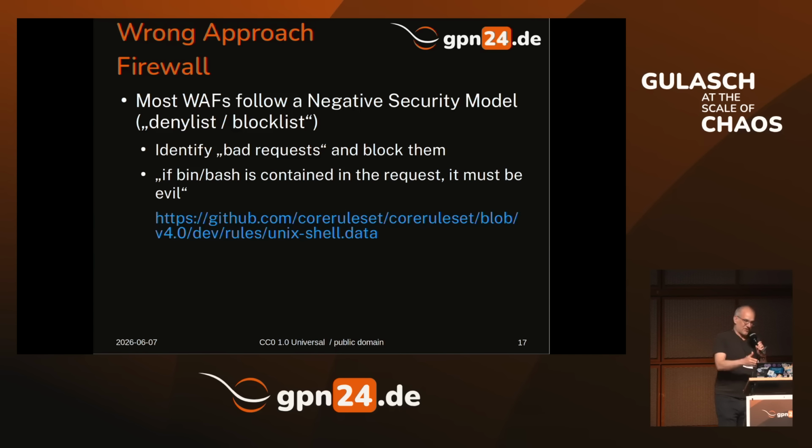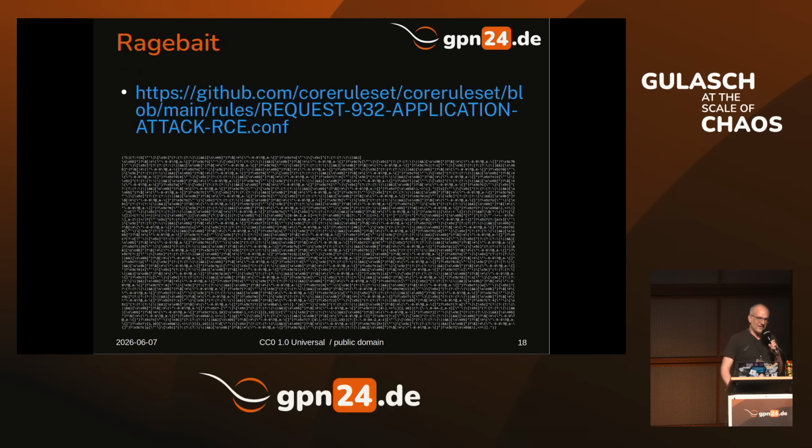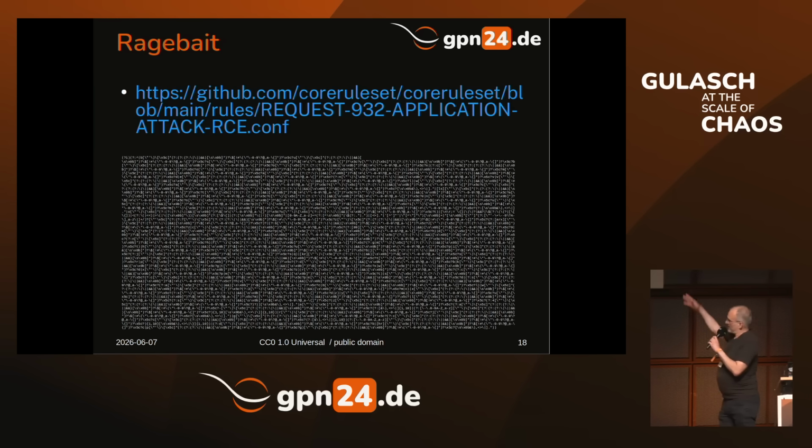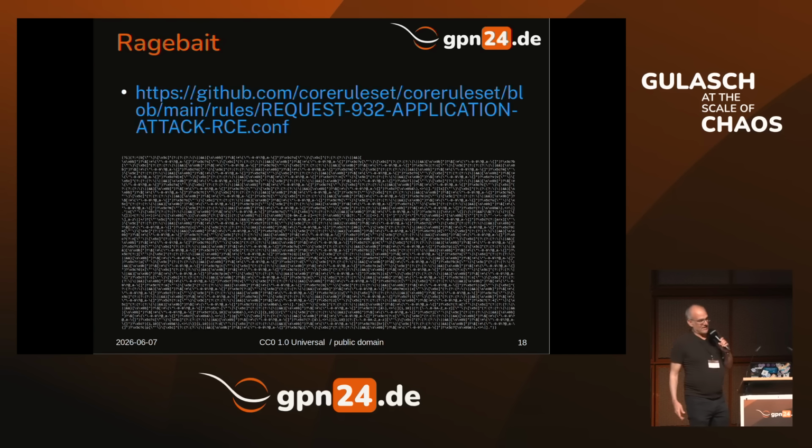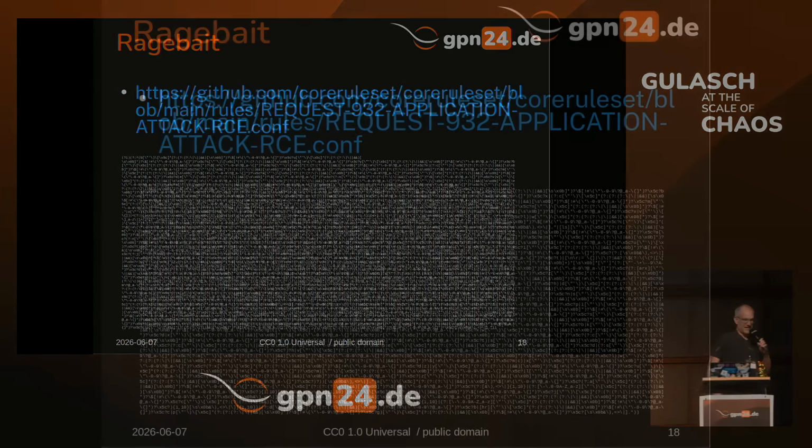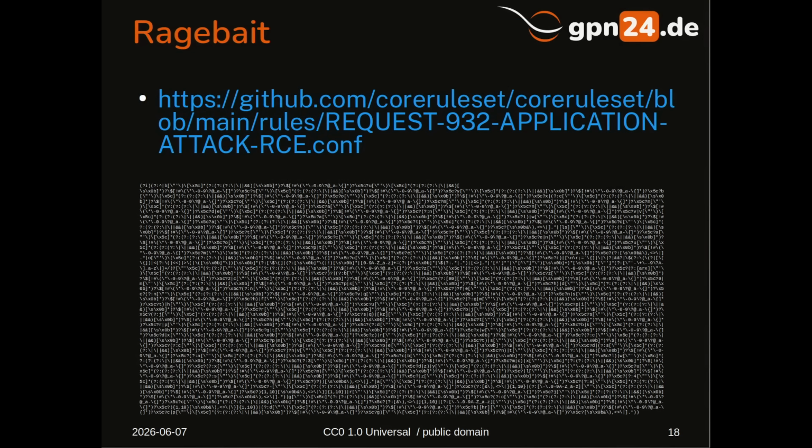Look at the code. The link goes to the core rule set, which is basically still the baseline standard for negative security model firewalls. It's all there. I'm not making this up. And just to help with a little rage bait, you're not supposed to be able to read it. This is one single regular expression, one single line, which is supposed to find all the remote code execution in your web traffic.